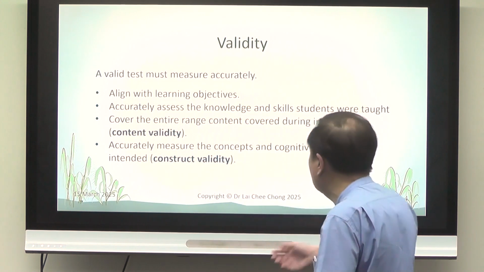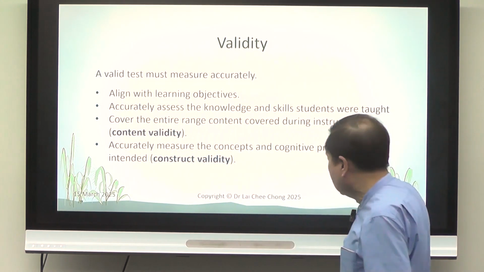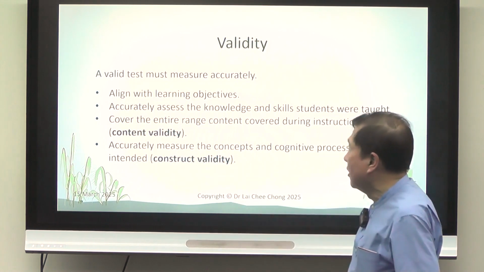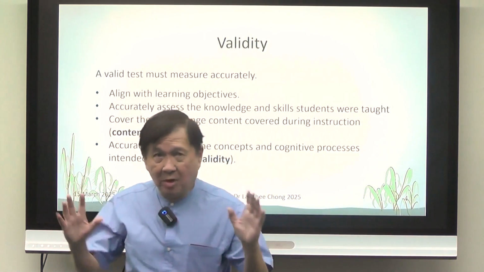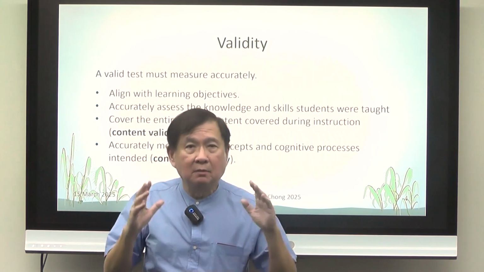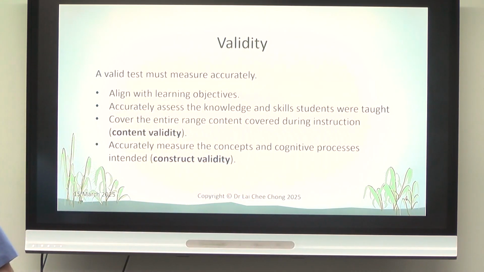So these are the cognitive processes you want to assess. If you do that, your test paper will also have construct validity. So, very briefly, this is all about designing a valid test instrument.